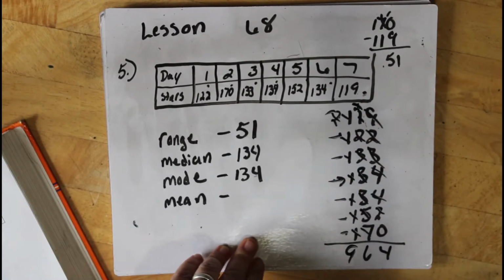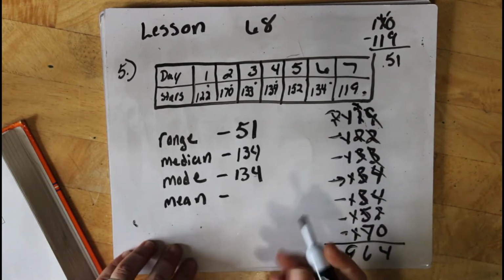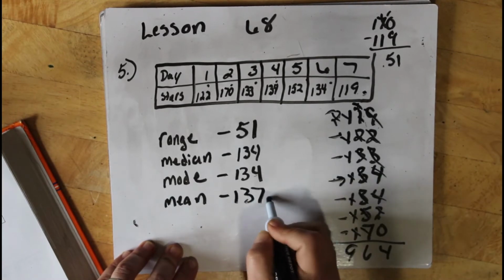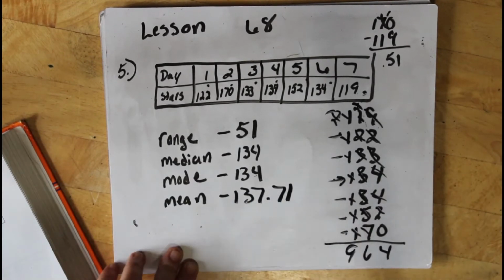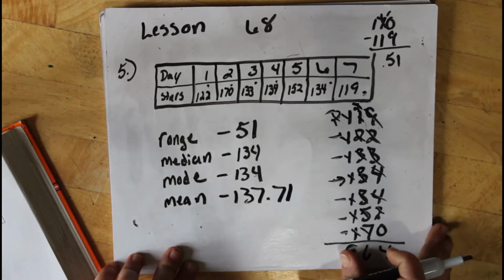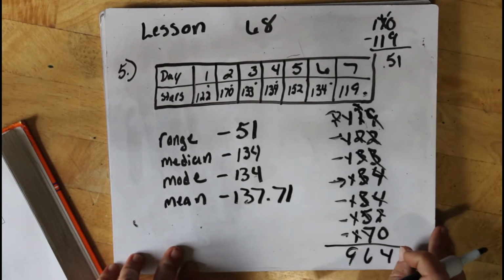And the answer for that is 137.71. Alright, so that is how to solve lesson 68, problem number 5.